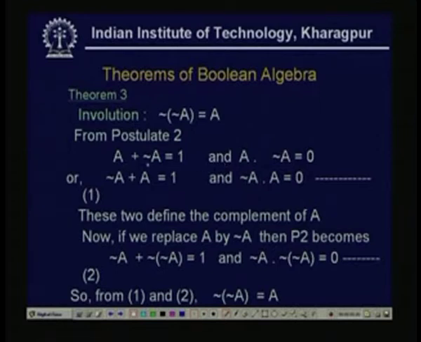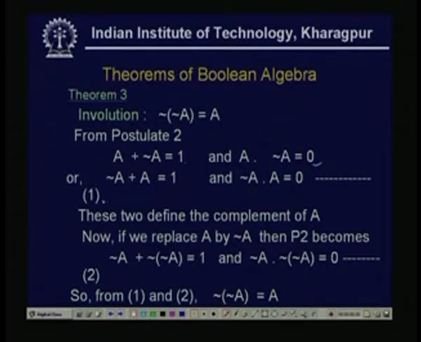Now, A plus negation A is 1 and A dot negation A is 0. This is from my postulate 2. Now, if I write negation A plus A, just change this thing, this is equal to 1 and negation A dot A equal to 0.